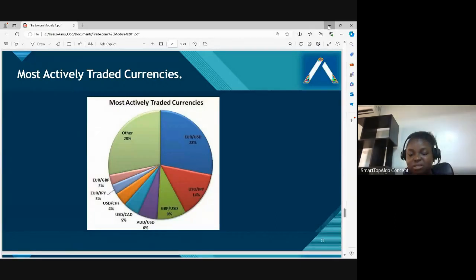This will be a guide so that when you want to start trading, you don't trade what is not necessary. The most important thing is to make money, not to give yourself too much pressure on which one to trade. Just click on one, make money and get out of the market. That's the most important thing.